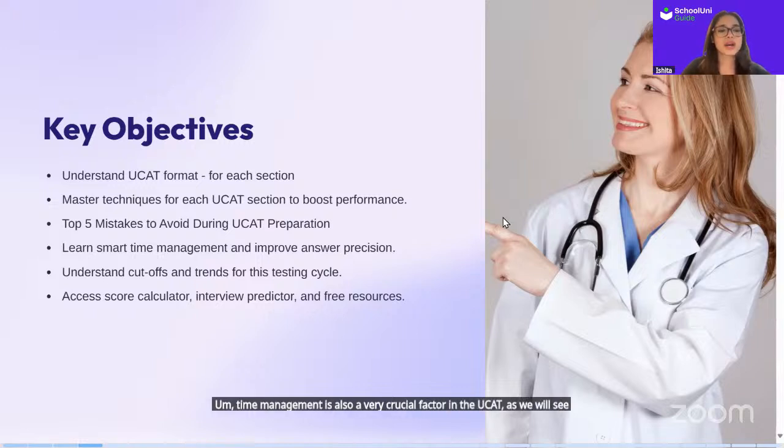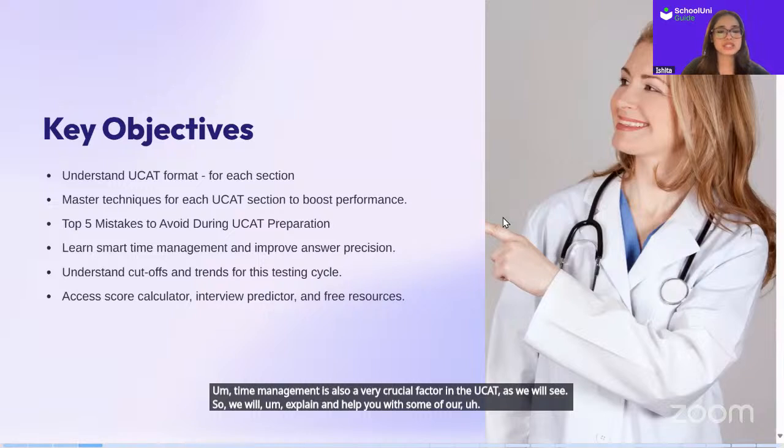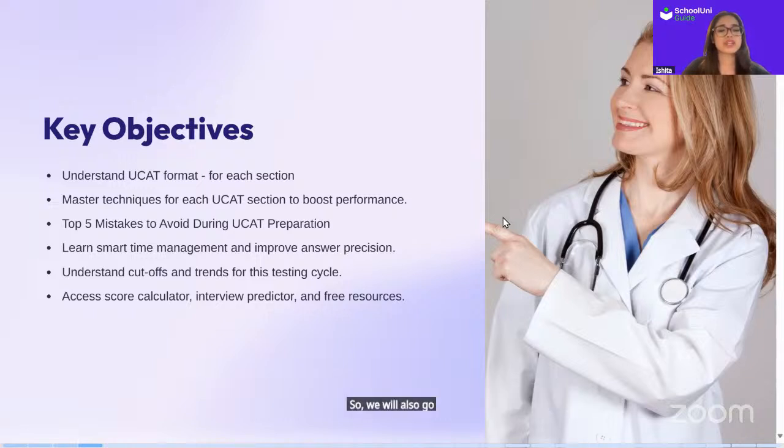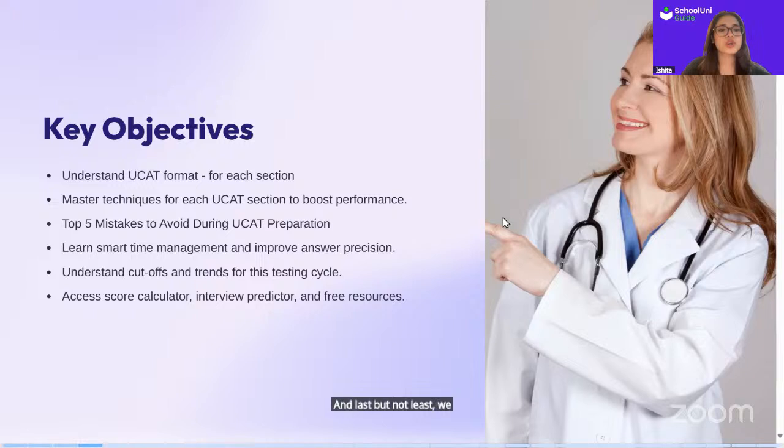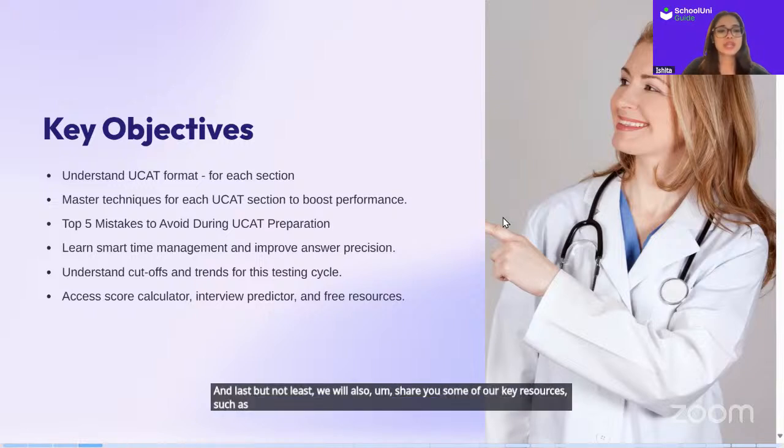We will explain some of our time management strategies in order to improve your answers and precision too. We will also go through some of the cutoffs and latest trends for this 2025 testing cycle. And last but not least, we will share some of our key resources, such as our UCAT calculator, as well as the interview predictor.